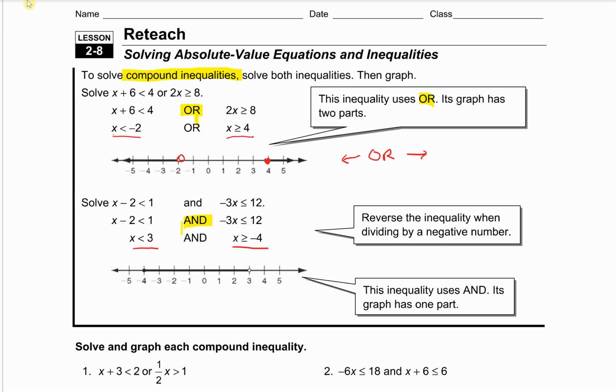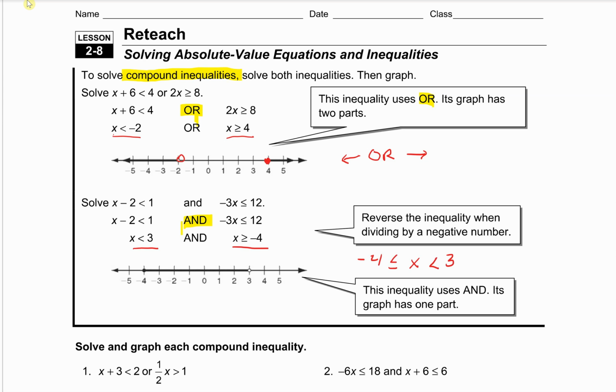So I'm going to rewrite this so I can show you what it really should be. Negative 4 is less than or equal to x, right? Because x is greater than or equal to negative 4, and x is less than 3. This is a classic compound inequality, and notice that x is in the middle. It's in between negative 4 and 3.